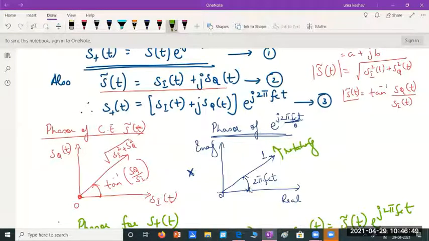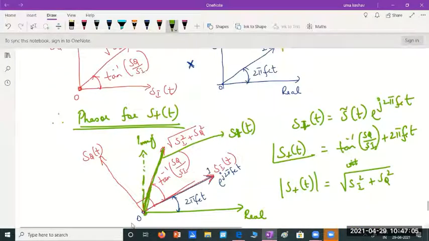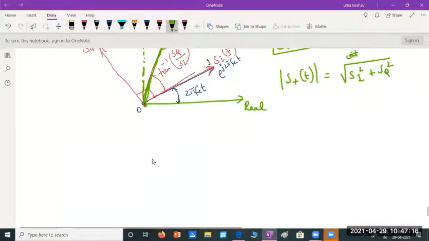And then, since we need the product of these two, we overlapped the complex envelope phasor on the phasor of e power j2 pi fct, which helped us get the resultant as the pre-envelope. So this represents the phasor for a pre-envelope of the signal. Is this clear? Please answer. Yes.